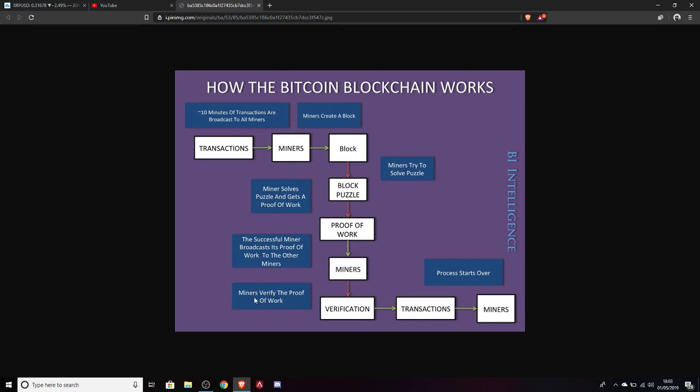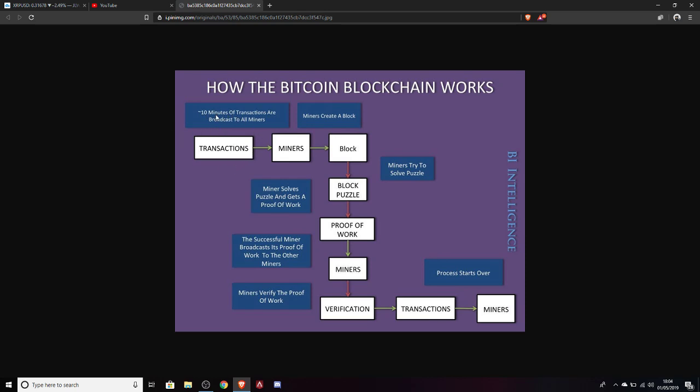So the miners verify the proof of work. This goes to the verification process, which then leads into the transaction pool, and then back to the miners. After it's completed that, the process starts over again.